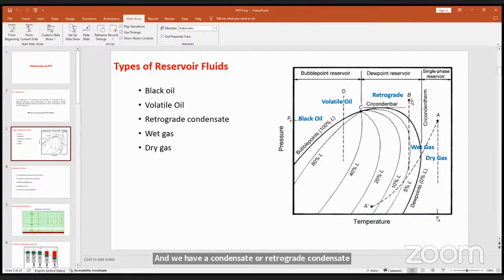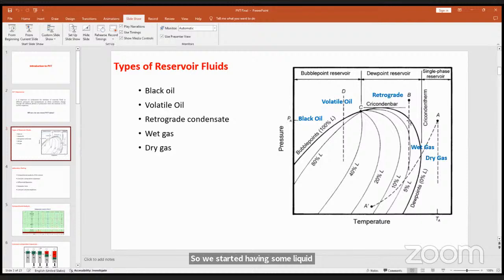For retrograde condensate reservoirs, we start as a gas phase, but as the pressure decreases, it reaches the dew point curve, so we start having some liquid in the reservoir.